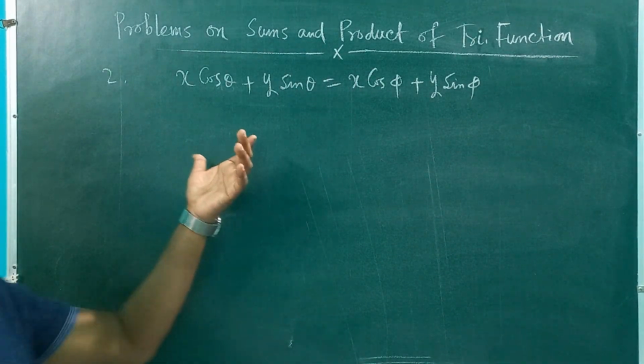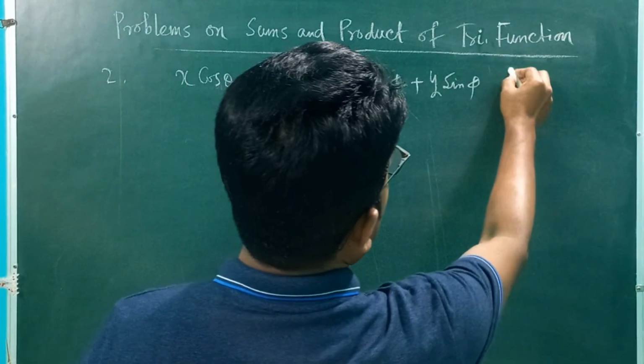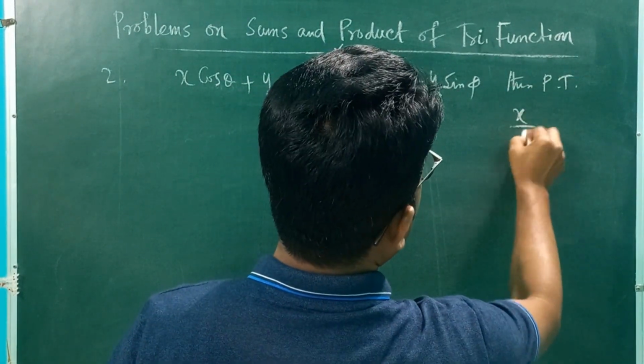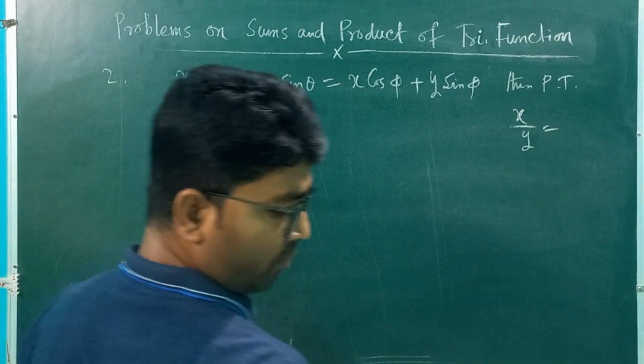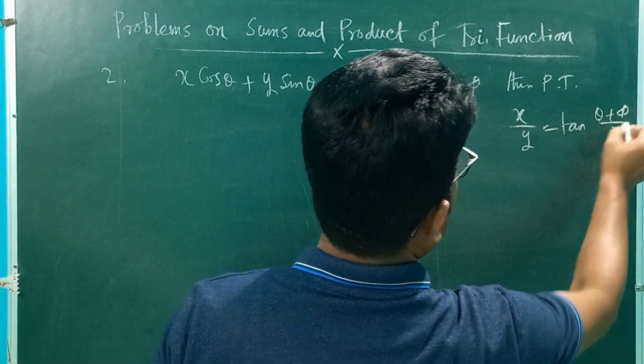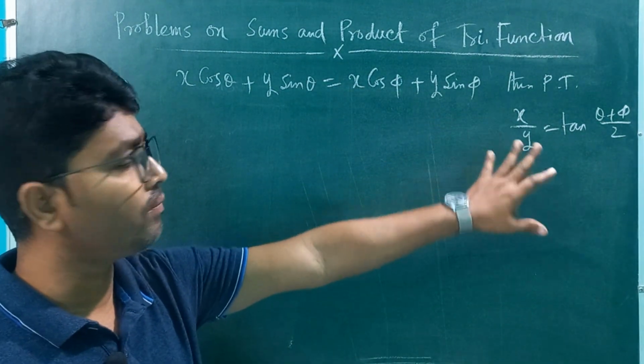That is our given condition, and we have to prove it. What do we have to prove? We have to prove x by y equals tan of (theta plus phi) by 2. We have to prove the ratio of x and y.